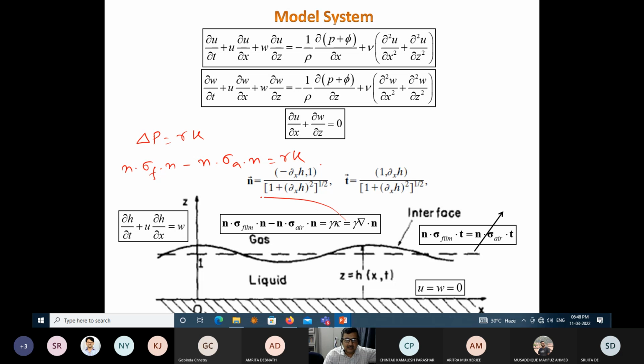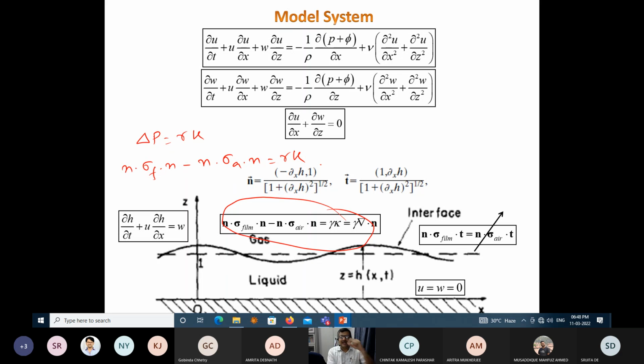This is nothing but the extension of the Young-Laplace equation with all hydrodynamic forces, viscosity, and body force embedded inside it. The difference between the normal forces across the interface is equal to the mean curvature times gamma. This we have proven from thermodynamics.